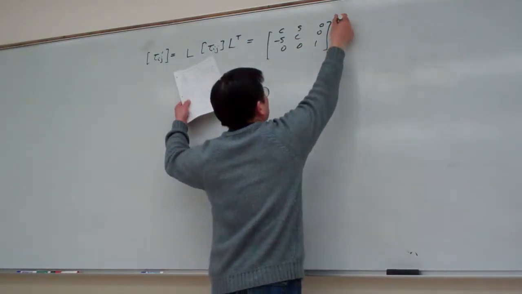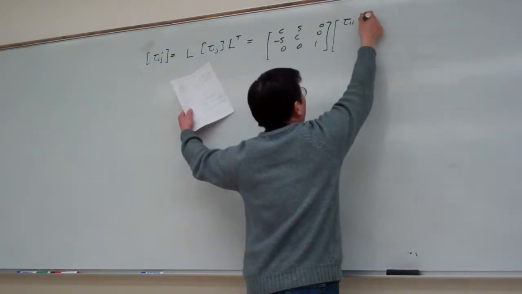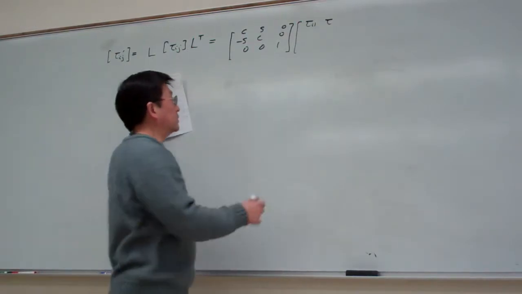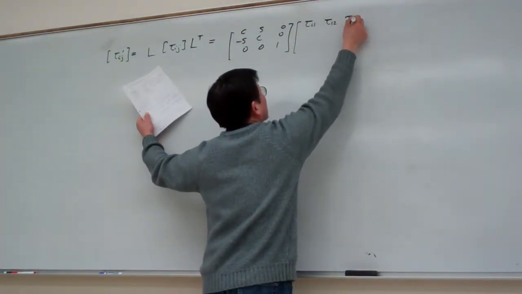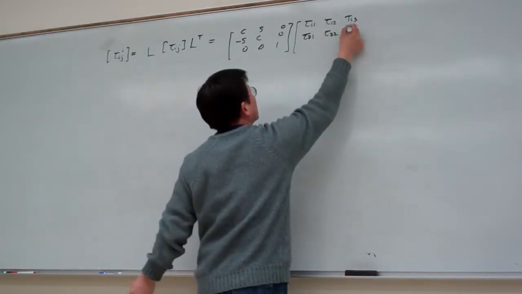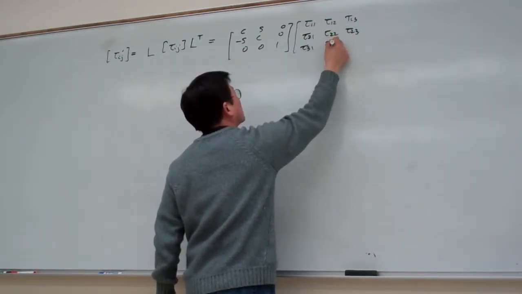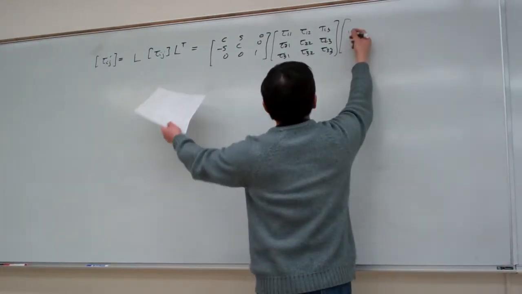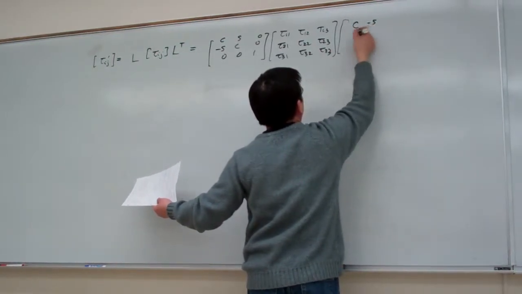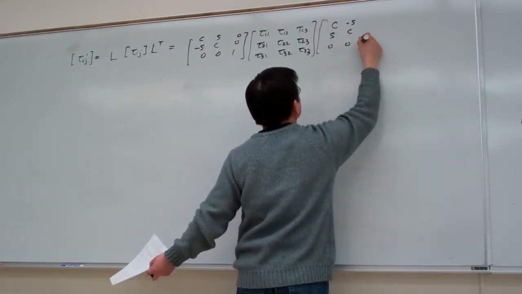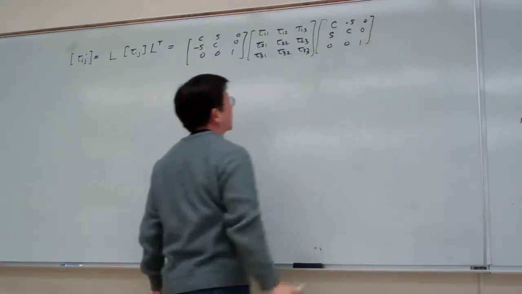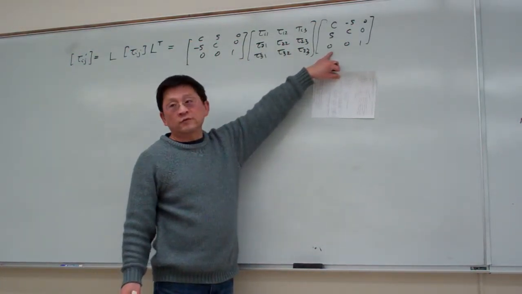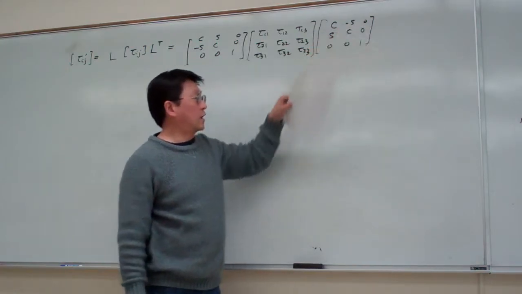Here I expand tau with indices 1, 2, 3 for xyz: tau 1 1, 1 2, 1 3, 2 1, 2 2, 2 3, 3 1, 3 2, 3 3. And here is L transpose, so you can see that the minus comes up there.